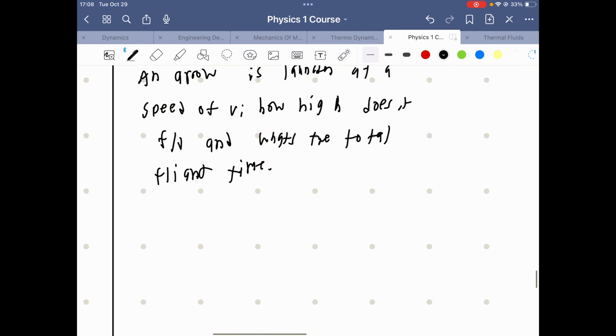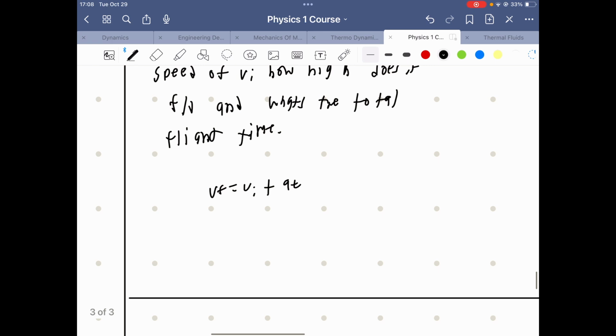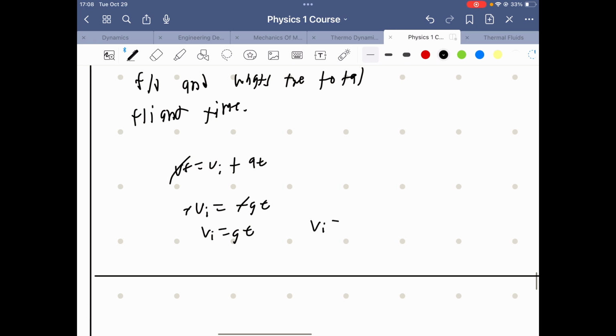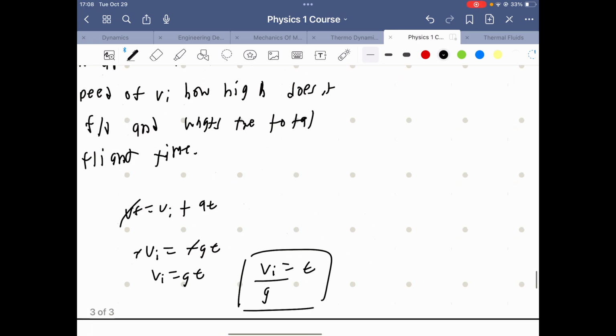We know Vf is 0. We have Vi. We know this is negative g. So we have negative Vi is equal to negative gt. Negatives cancel. We have Vi is equal to gt, so Vi over g is equal to t. Now we have a time.